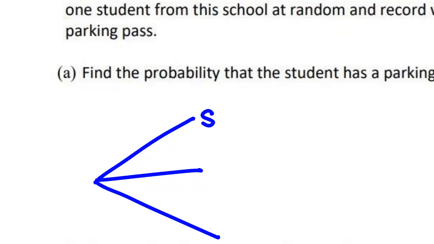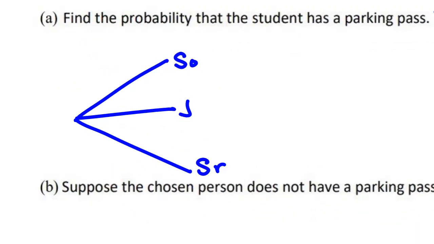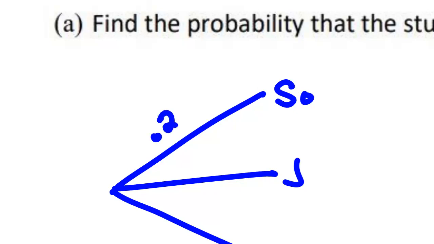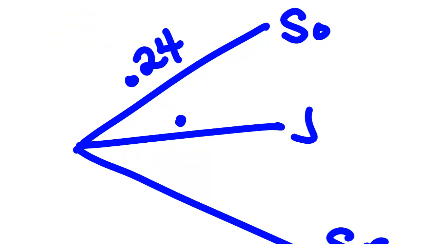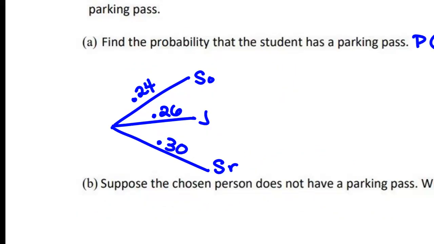All right, so we've got sophomores, juniors, and seniors. 0.24 probability of being a sophomore. 0.26 probability of being a junior. 0.30 probability of being a senior.